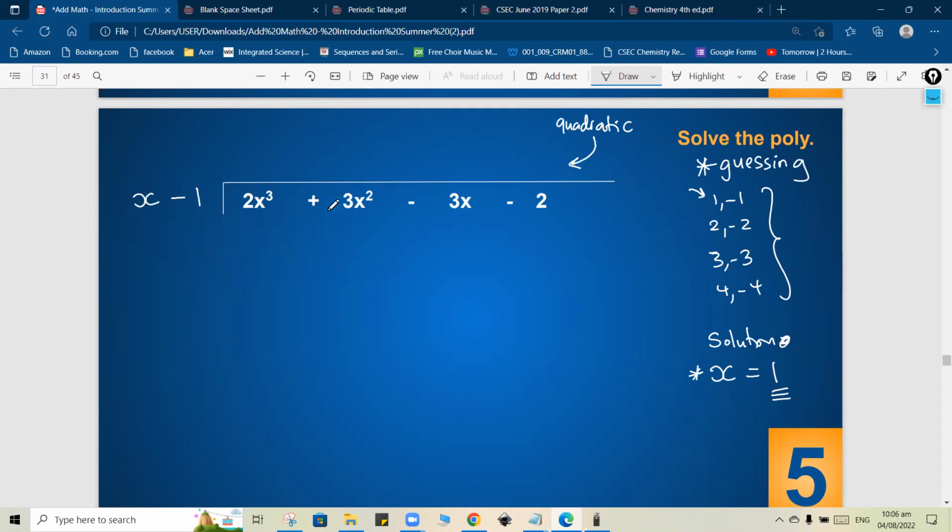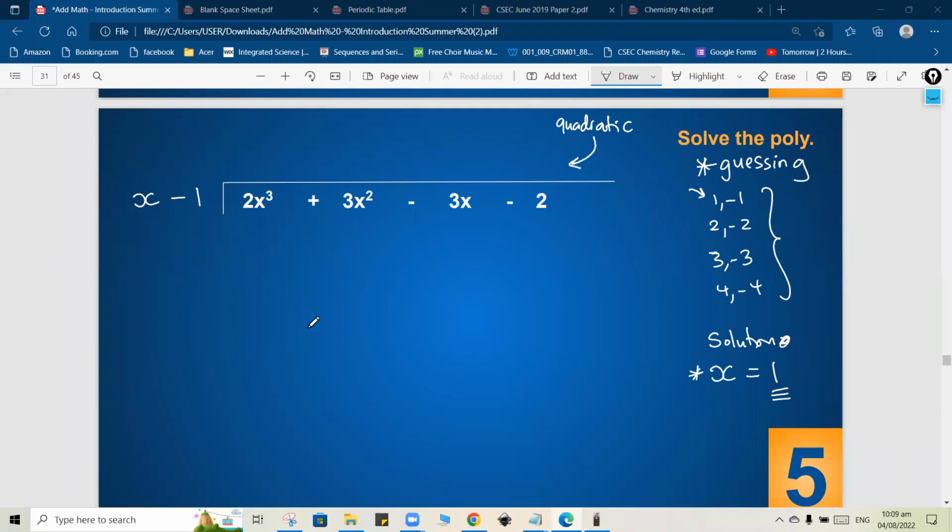When you divide something by something, the answer you get will always be simpler. And a quadratic is definitely simpler than a cubic. And once we get the quadratic, we know how to solve a quadratic. And we'll get the other two solutions from that point. So get started.